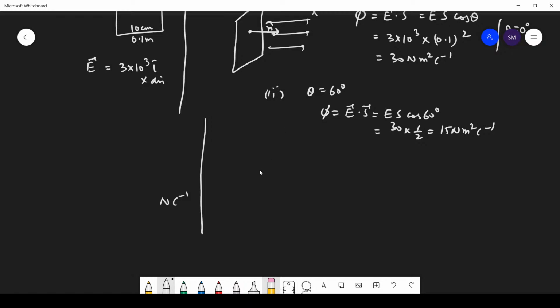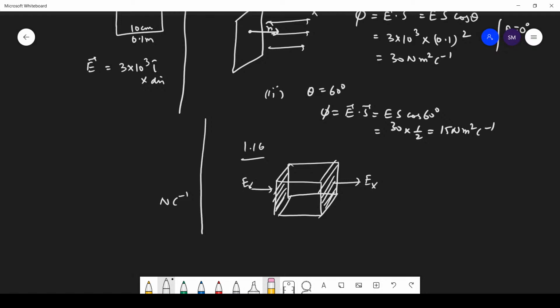In figure 1.16 we can draw the figure. So flux through this face, and flux through this face. The electric field has only X component, and the electric field is uniform. So the number of lines entering from here, number of lines leaving from here.